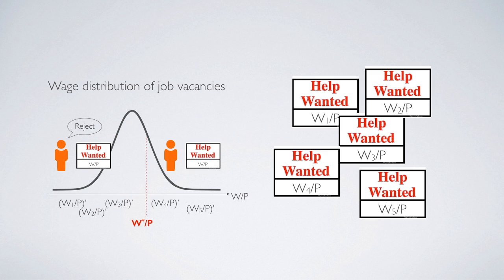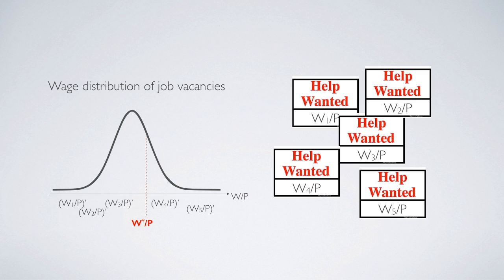And for any job vacancy that can offer a wage rate higher than that threshold, he would accept the job. Therefore, given the wage distribution, the probability he would accept a job from the pool would be described by this shaded right tail area. And this would be the job accepting probability.